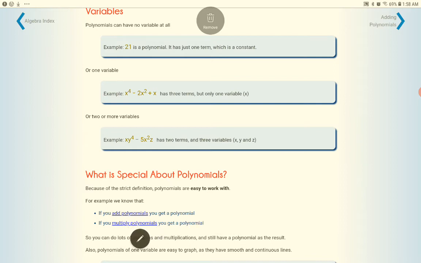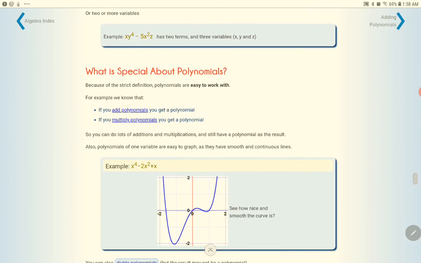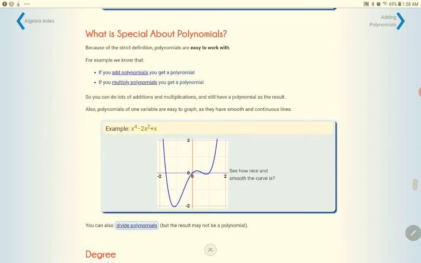Also, polynomials of one variable are easy to graph. They have smooth and continuous lines. So let's look at what that looks like. Here's an example of a polynomial graph. You can see I can draw this whole line without picking up my pencil. That tells me it's continuous. There are no holes, there are no breaks.